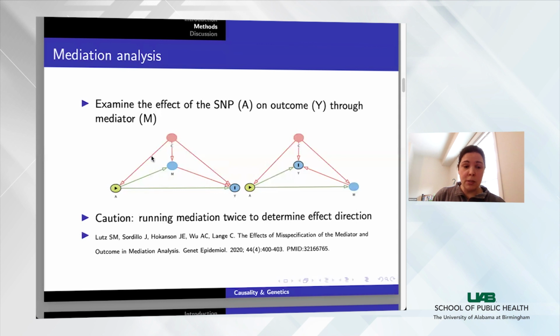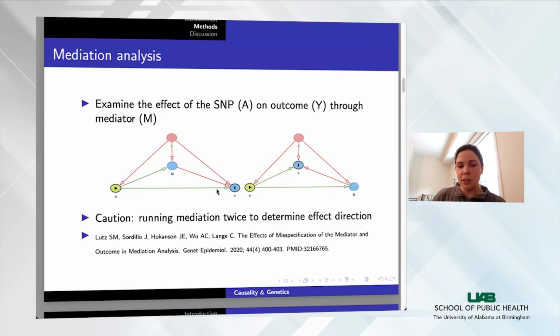We'll do it once with depression as mediator and alcohol use as the outcome, and then we'll do it again with alcohol use as the mediator and depression as the outcome, and then use the results of the mediation analysis to dictate which way we think the direction of the arrow goes. And we've done some work on this because theoretically it doesn't hold up.